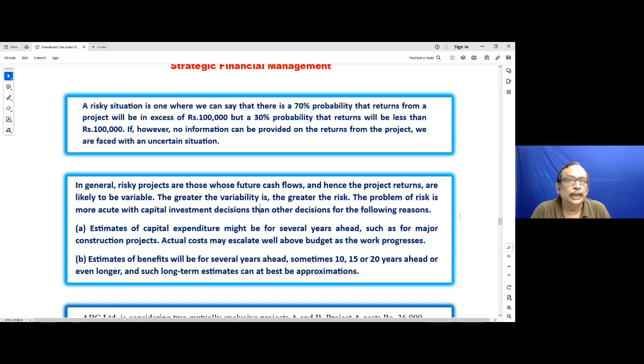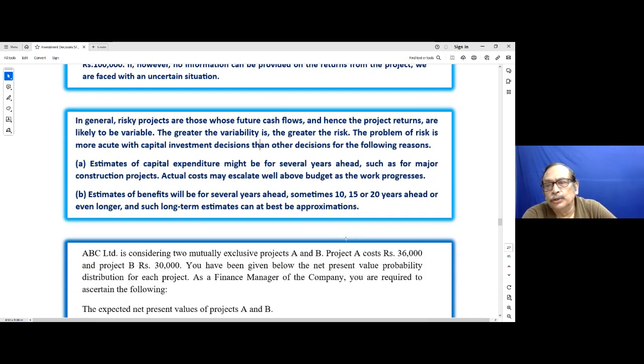So please try to understand what is called a risky situation and what is called uncertainty. In general, risky projects are those whose future cash flows and hence the project returns are likely to be variable. Of course, the greater the variability is, the greater the risk.